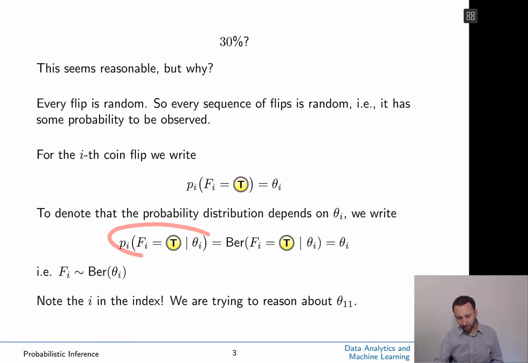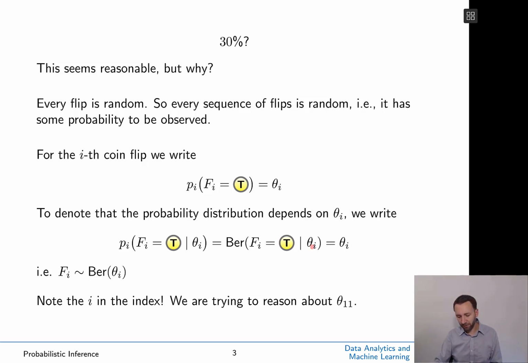So we can write this probability of showing tail, and I said it already, as a Bernoulli distribution with this parameter theta_i, okay? So be a bit careful. The parameter of the Bernoulli distribution corresponds exactly to the probability of this outcome. This is different for different distributions, right? You can have different scenarios. But here in a categorical setting, where we have only 0 and 1, Bernoulli is the only choice.